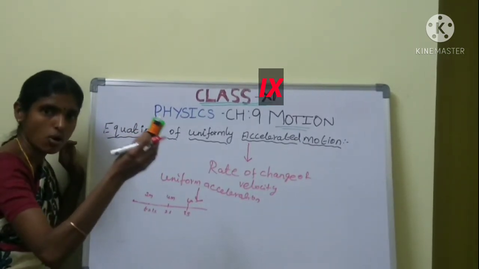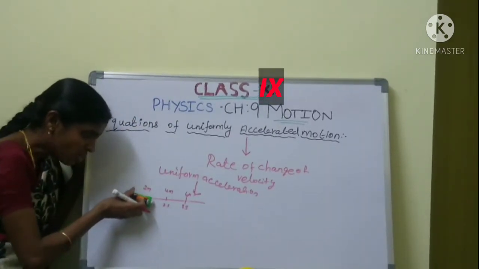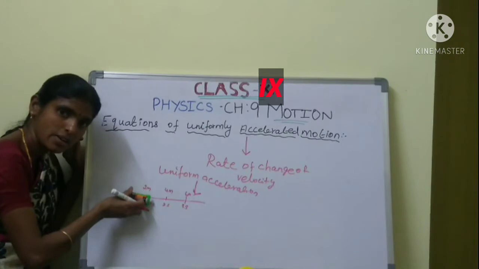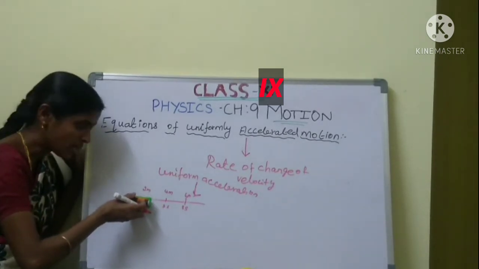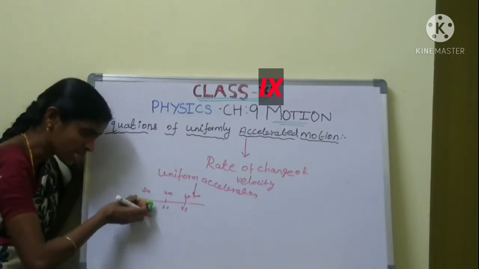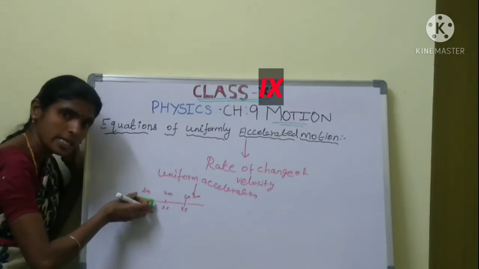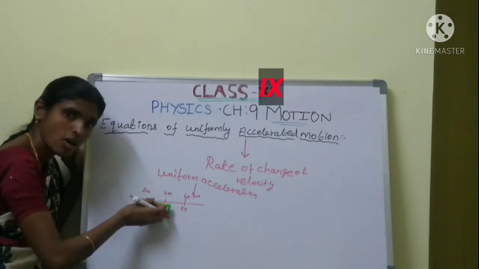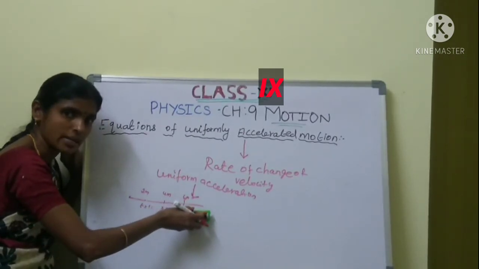Let us consider the body. A car is moving, starting at rest. When we start the car, at t equal to 1 second the car moves 2 meters, in the next second 4 meters, and in the next second 6 meters.